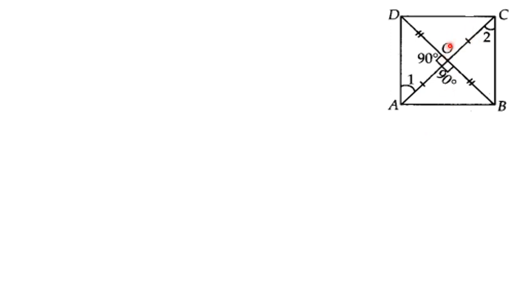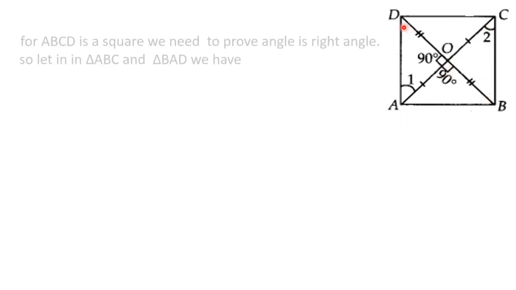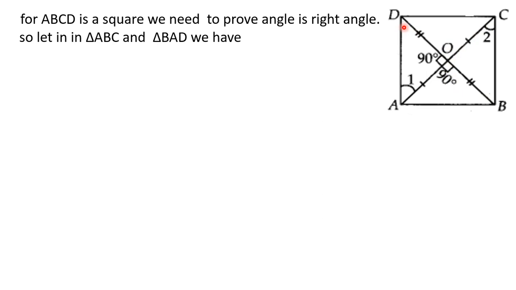So we get AB is parallel to DC. So here we get ABCD is a quadrilateral where all 4 sides are equal and pairs of opposite sides are parallel.